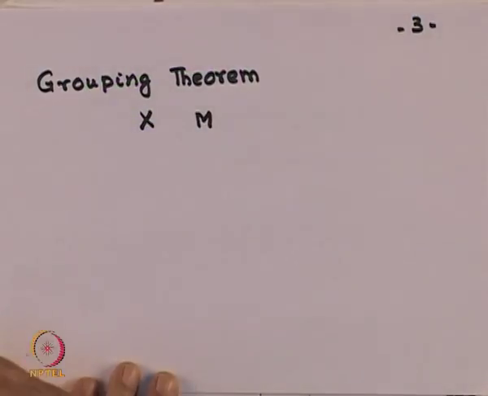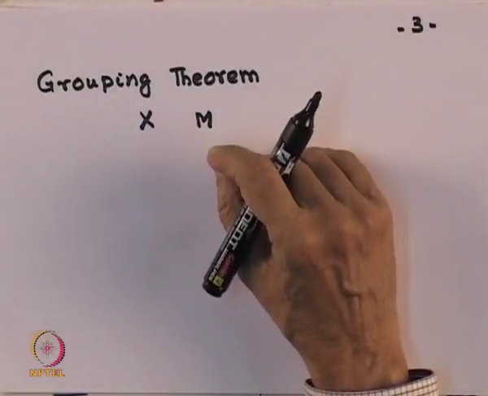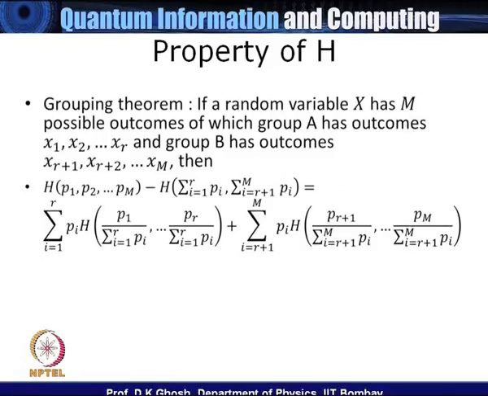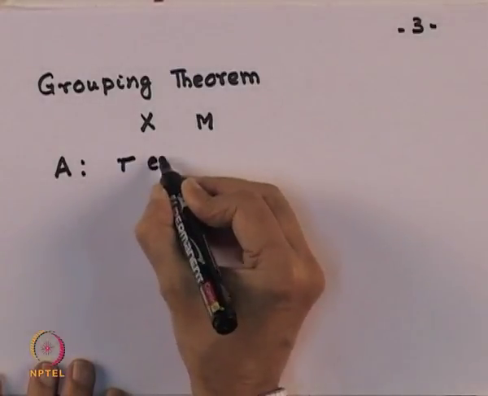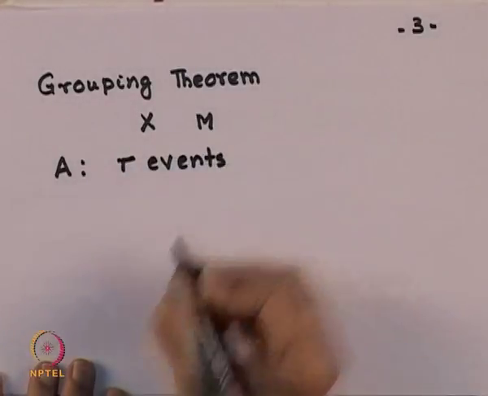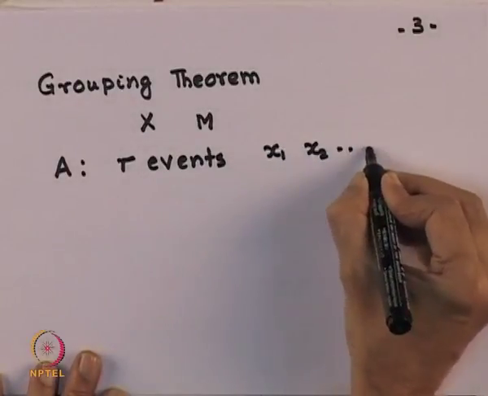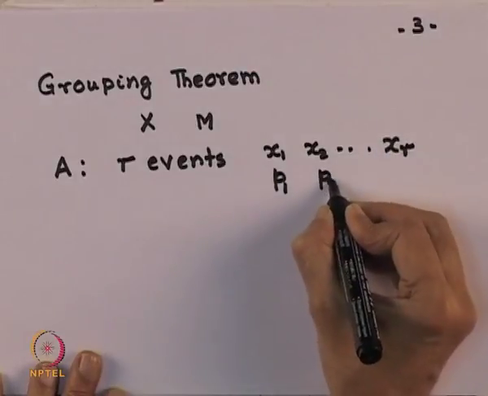suppose I have a random variable x with n different possibilities and associated probabilities called p1, p2 up to pn. But let us suppose I divide them into two groups. Let us call them group A and group B. Group A has r events, and these r events are x1, x2 up to xr, with probabilities of course p1, p2 up to pr.